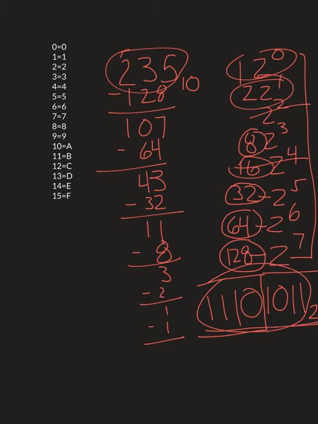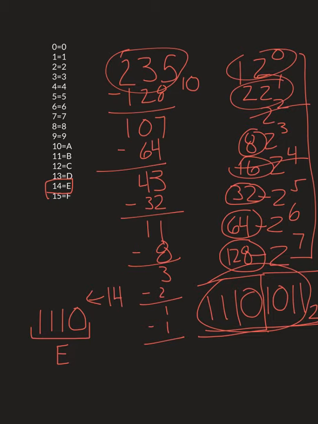I can look at this as 1110, and I can say, okay, what is this in hexadecimal? In decimal, this would represent the number 14, which in hexadecimal is represented by E.